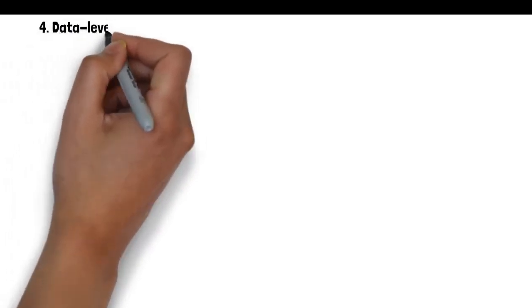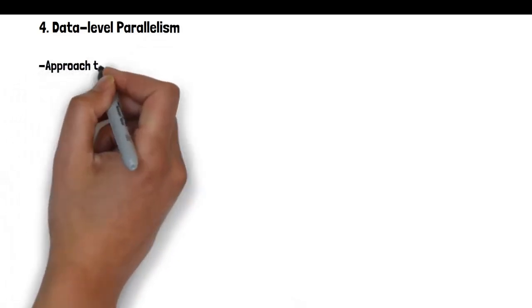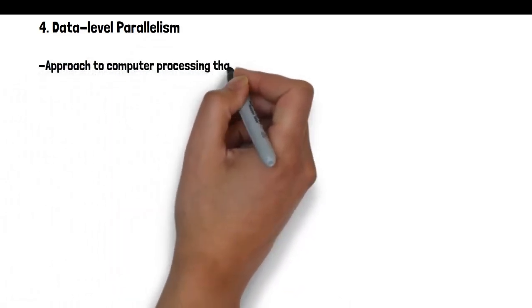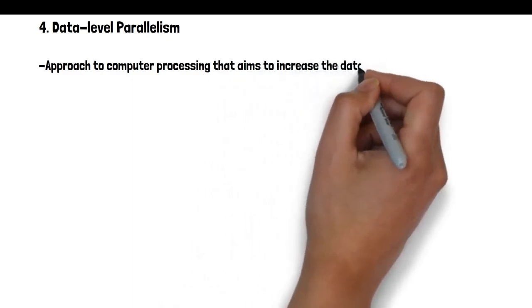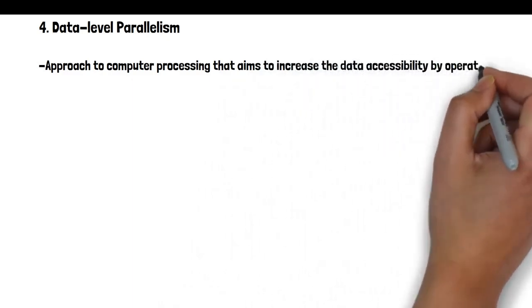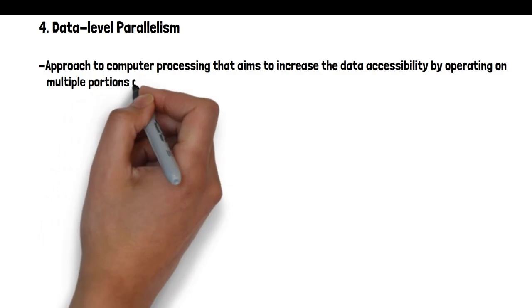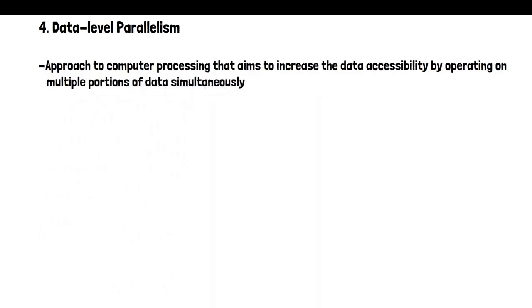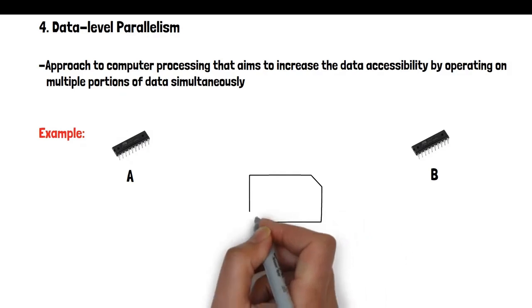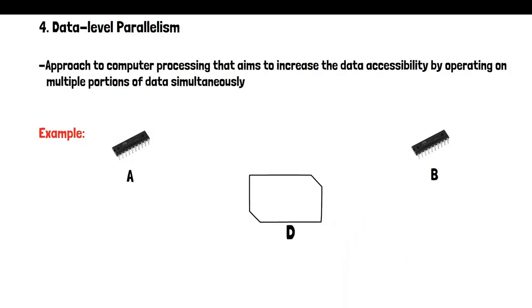Number 4. Data level parallelism. It is an approach to computer processing that aims to increase data accessibility by operating on multiple portions of data simultaneously. For example, consider two CPUs A and B in a parallel environment and let D be the dataset.